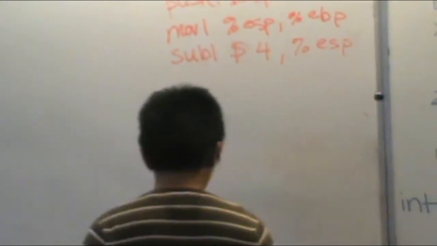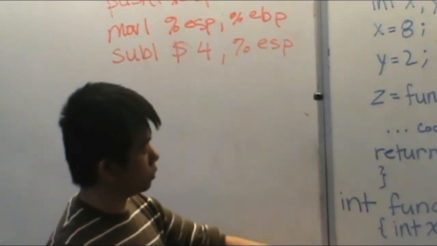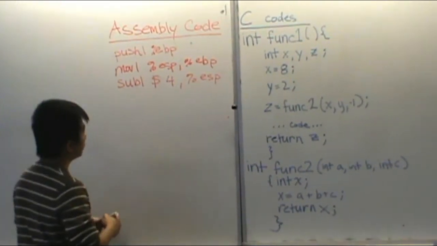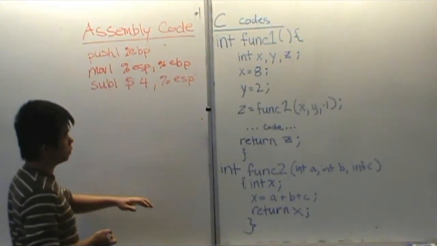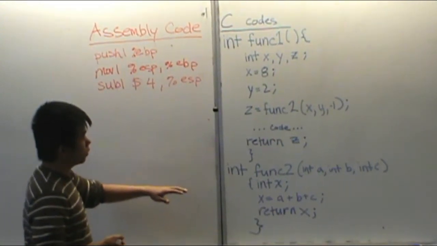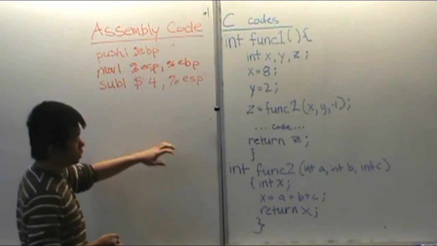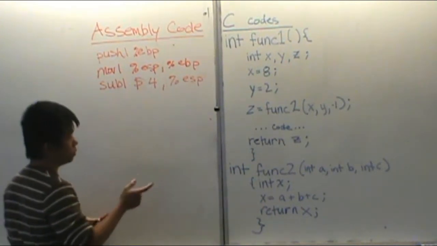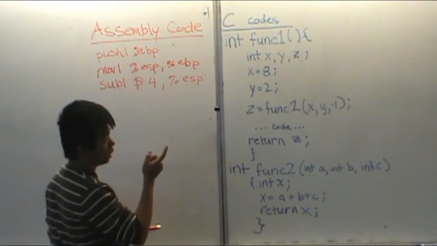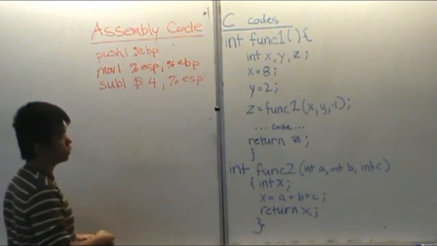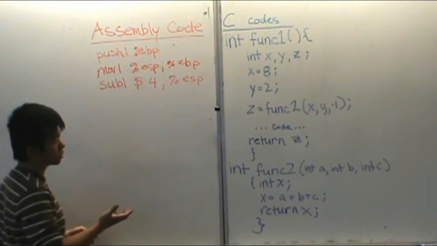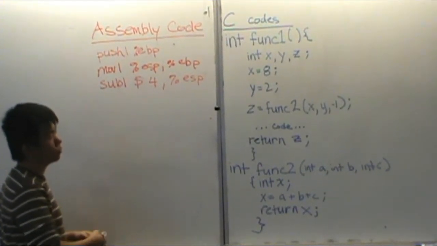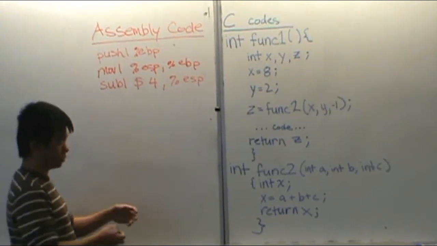Next, we have to do the arithmetic here. To do that, we have to fetch the variable a using the EBP, because there is no label for the variables in function 2.